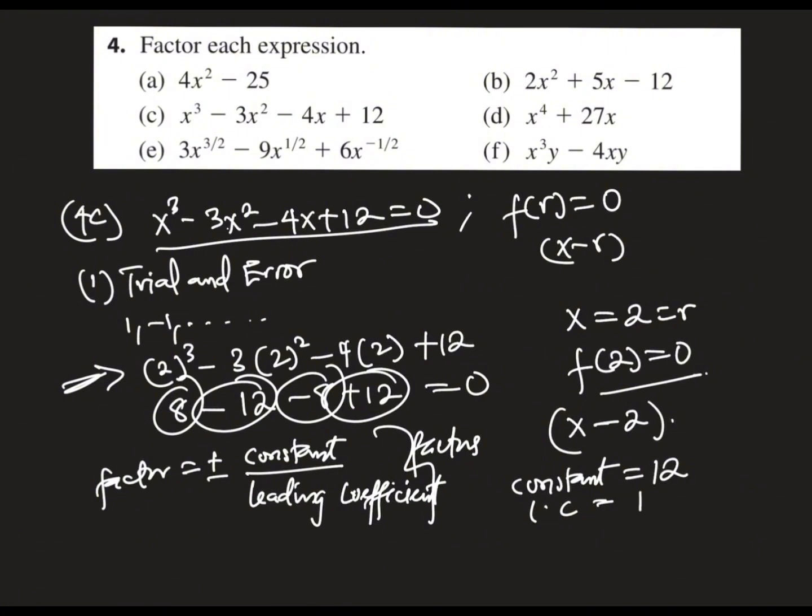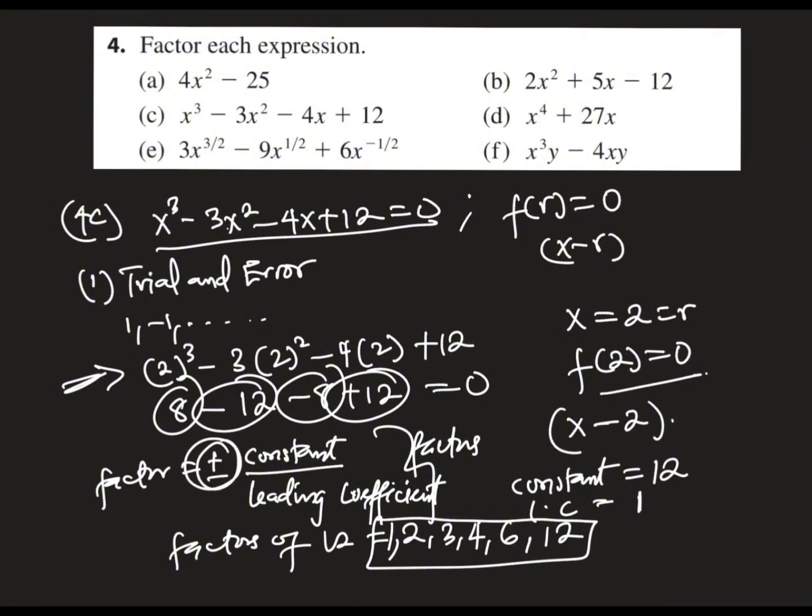But we need their factors. Factor of 1 is 1. But factors of 12 would be 2, 3, 4, 6, 12, and definitely 1. So each of these divided by 1, you still have these numbers.